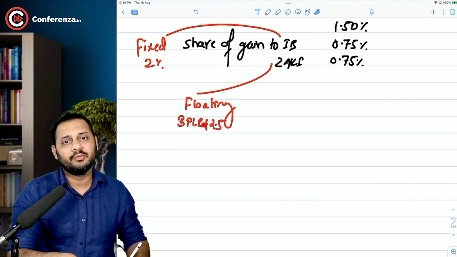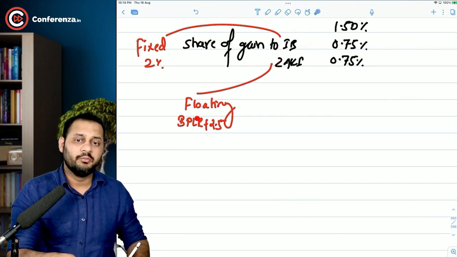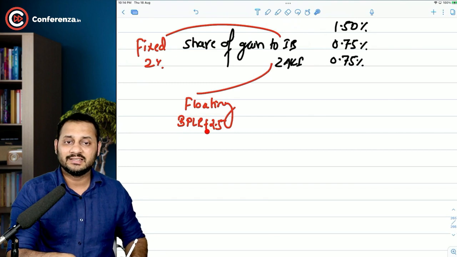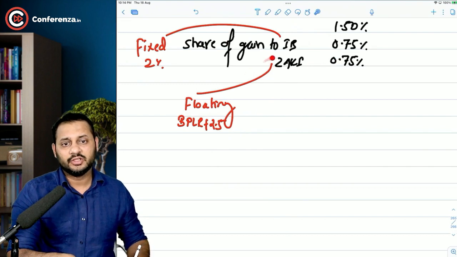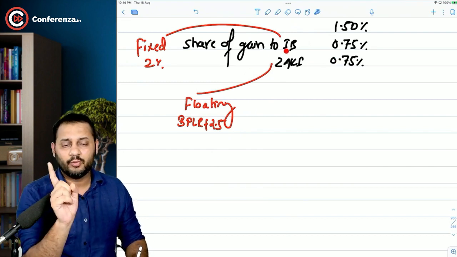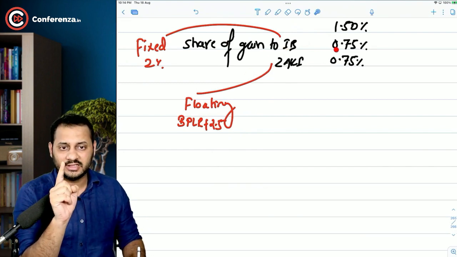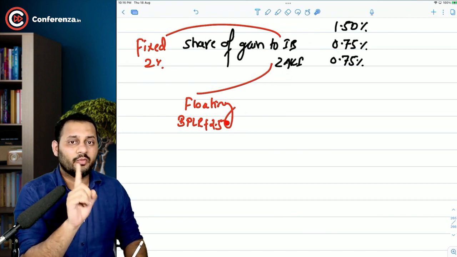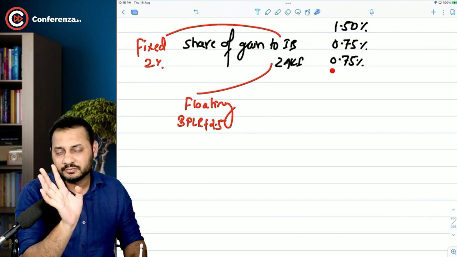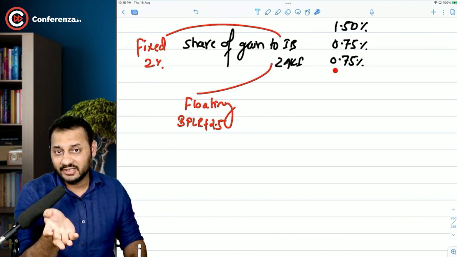Zaki's floating rate borrowing will be achieved, but at BPLR plus 2.5 less 0.75%. That means around 1.75%. So the net cost to IB will be 1.25, which is lesser than this much. To Zaki it will be BPLR plus 1.75, which is lesser than this. So this much will be called the gain to both the parties.